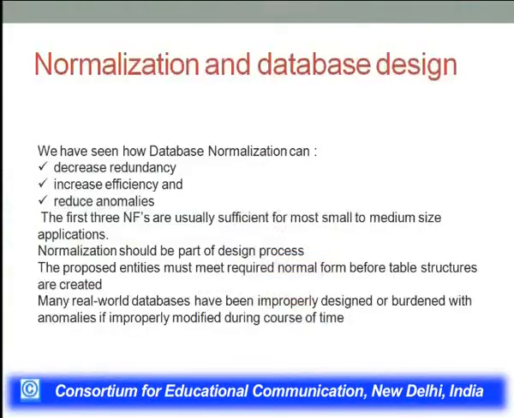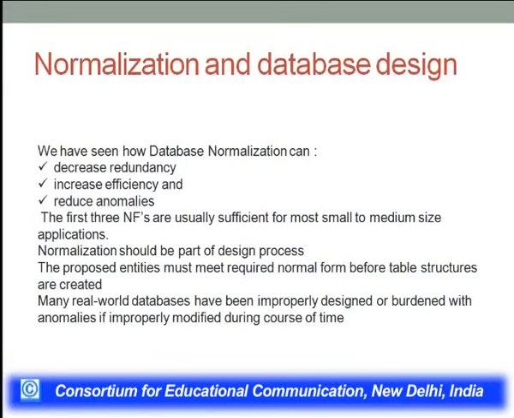So, finally, we have seen that the database has been normalized in the first, second, third and the Boyce Codd normal form. We have seen that database normalization reduces the redundancy, it increases efficiency and it eliminates anomalies. The first three normal forms are usually sufficient for most small to medium size applications.